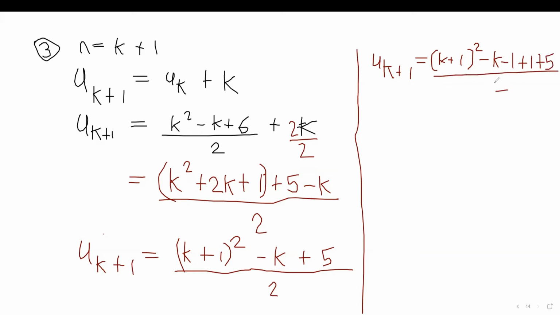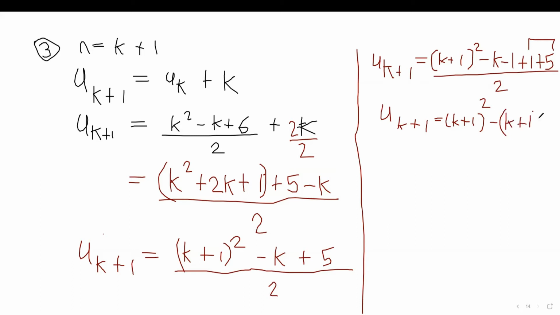Now, after doing that, Marika, you see that 1 with the 5 here turns to 6, no? Right. So what we get now is u_(k+1) is equal to k plus 1 all squared. Now follow, Marika, you see this minus k minus 1, I can factor out a negative 1 to get minus in bracket k plus 1.